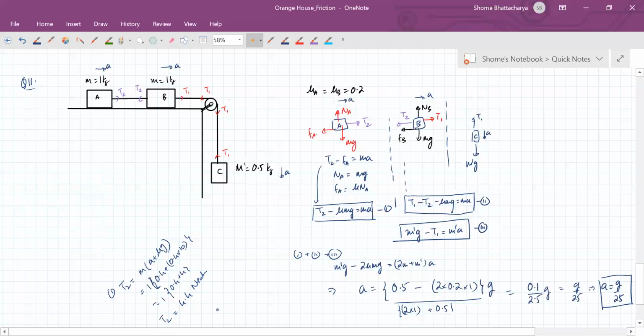And from equation 3, T1 will become m prime into g minus a. So 0.5 into 10 minus 0.4. The values are 4.8 and 4.4 newtons respectively. These should be the tensions.